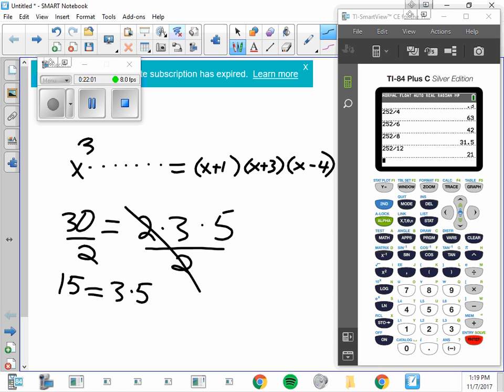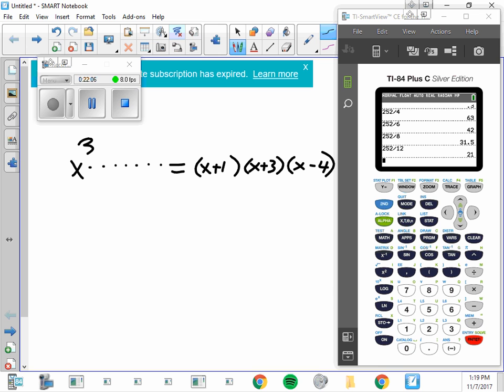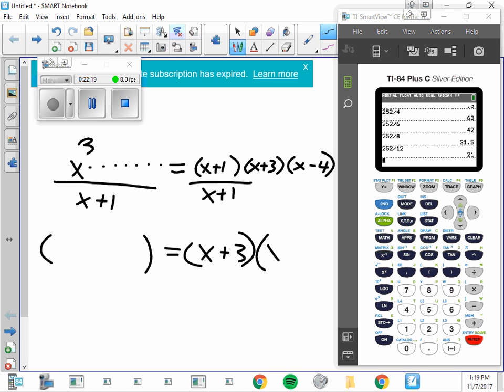Right? So I should be able to divide this by x plus 1 and divide this by x plus 1, and my answer is going to be equal to x plus 3 and x minus 4.